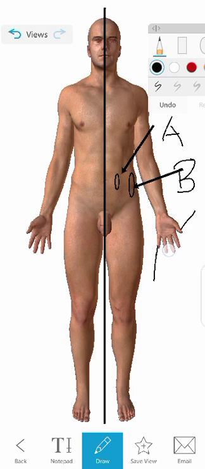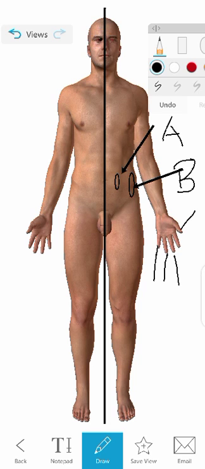We say the ring finger is medial to the middle finger.